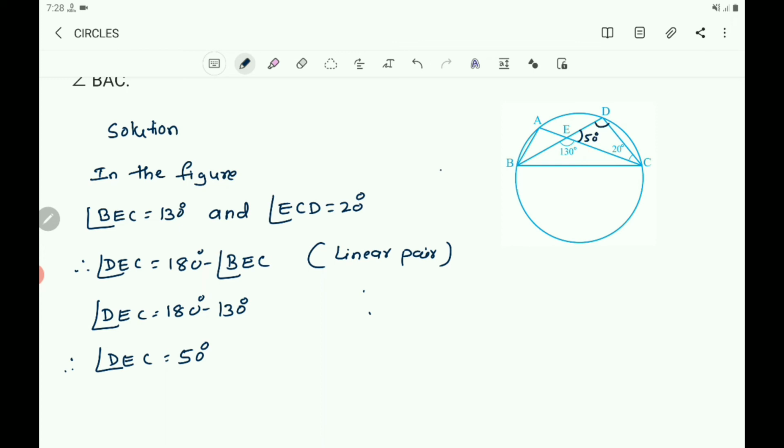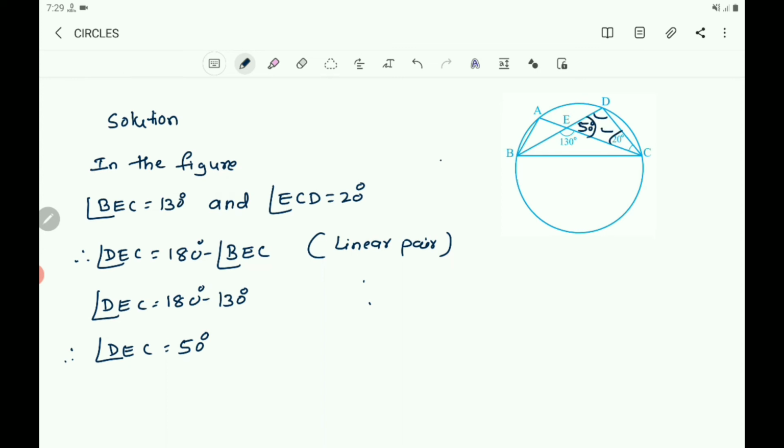Now to get this angle, consider the triangle EDC. Here in EDC, angle DEC 50 degree you got, and to get this angle EDC, use the angle sum property of a triangle. Sum of three angles of a triangle is 180 degree, and 180 degree minus sum of these two angles.